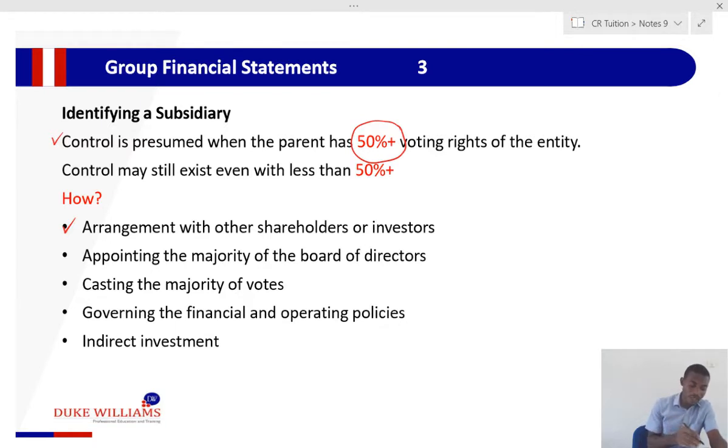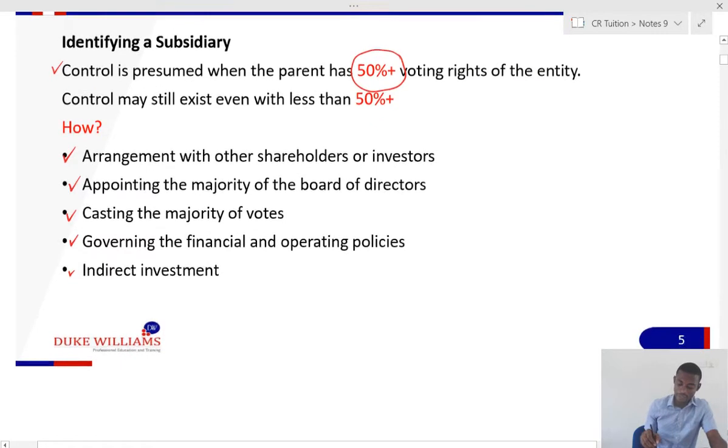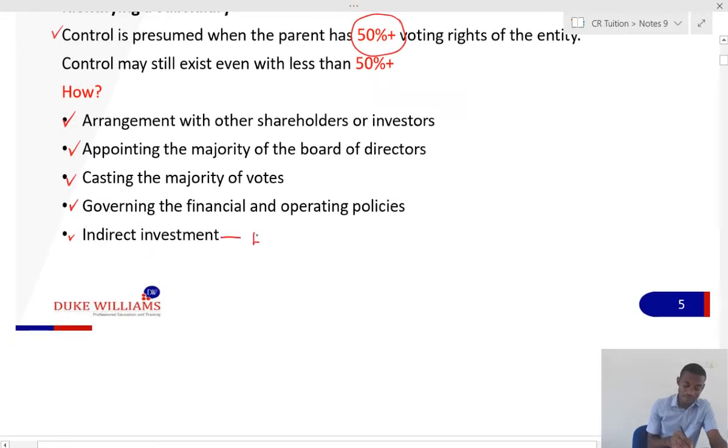So by mutual agreement or contractual agreement, by appointing a majority of the board of directors, by casting majority votes, or by having the power to govern financial and operating policies. And then finally, through indirect investment. Now, for indirect investment, we say entity A, entity B.